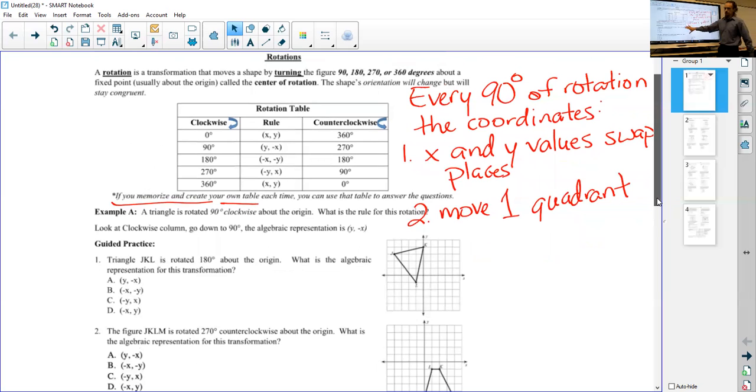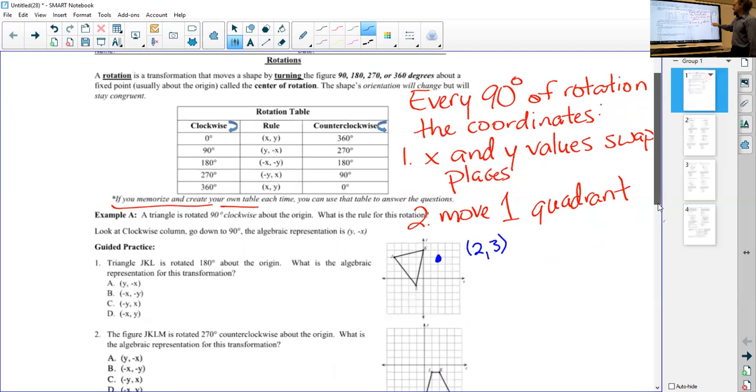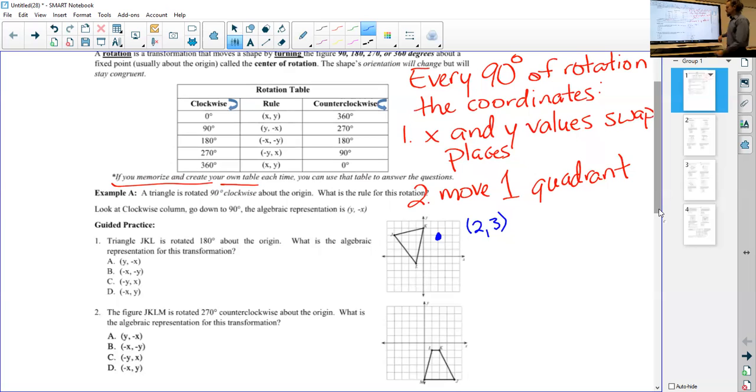So if I use this little grid here, just for an example, I can put a point right here at 2, 3. If I wanted to rotate that 90 degrees clockwise, remember clockwise is going like that.